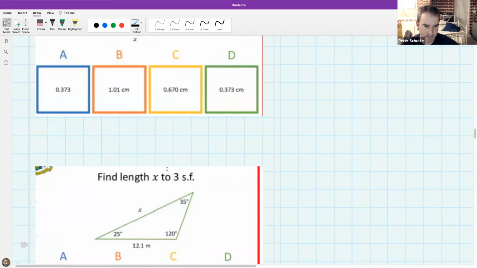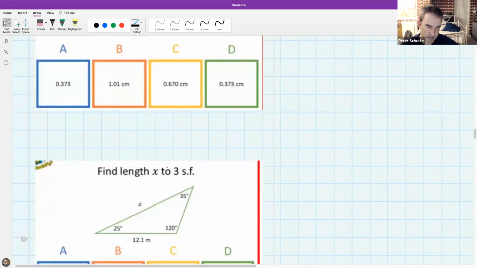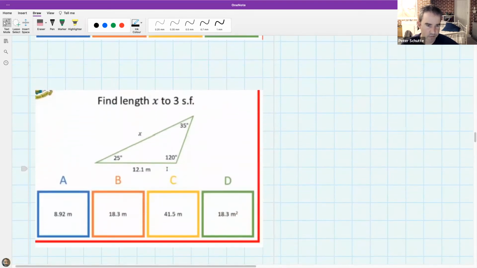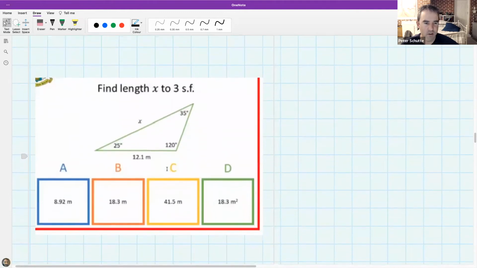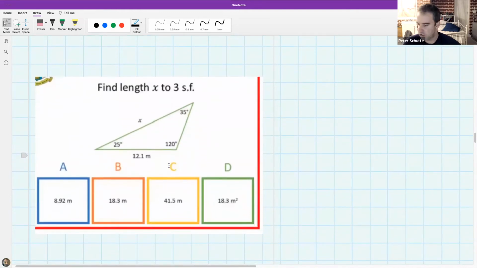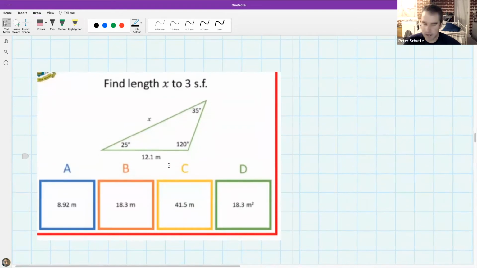Let me find something that's a little bit more exciting for you. Okay, actually, this is not going to be too exciting, but let's just check if you get it right. Ignore the 3SF part. That's just called significant figures, but we don't really deal with that in our syllabus. I want you to find the length of X, and then find the correct option below, A, B, C, or D. Which of those options is going to be correct?